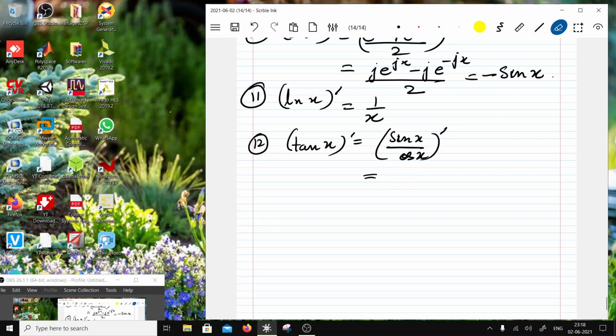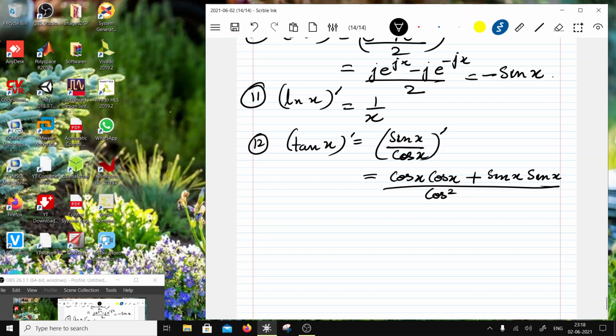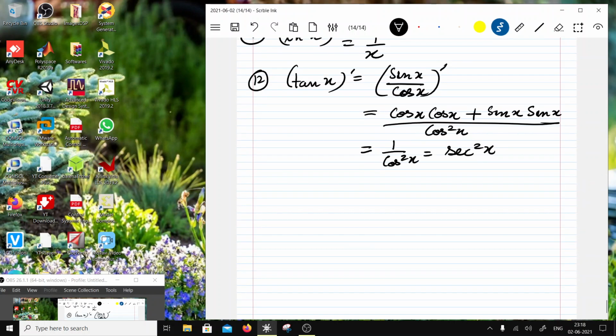So sine derivative is going to be cos of x, and then v, which is cos of x, minus u as is, and derivative of cos of x is going to be minus sine of x, divided by cos square x. So this would be equal to 1 by cos square x, which is equal to sec square x. So derivative of tan x is equal to sec square x.